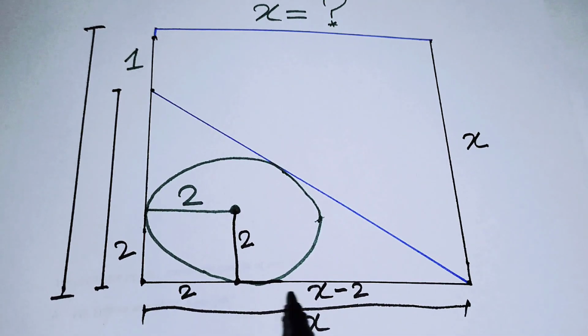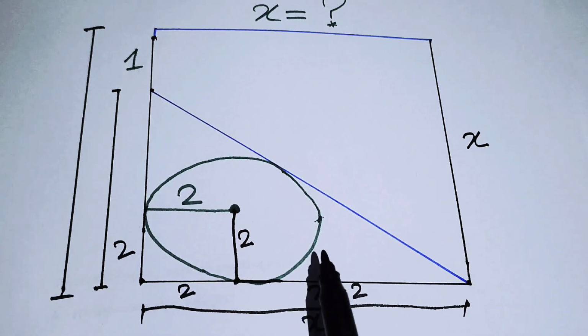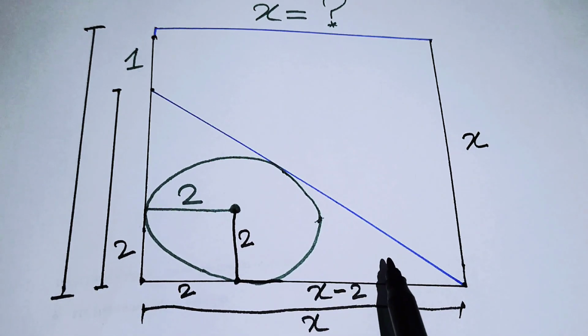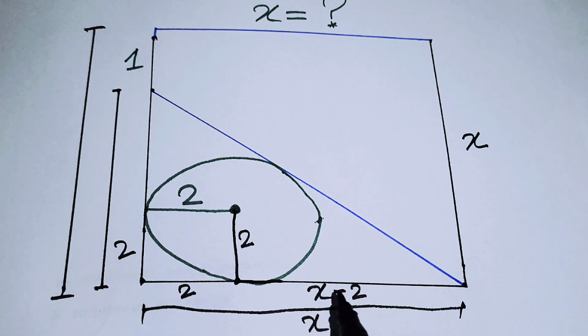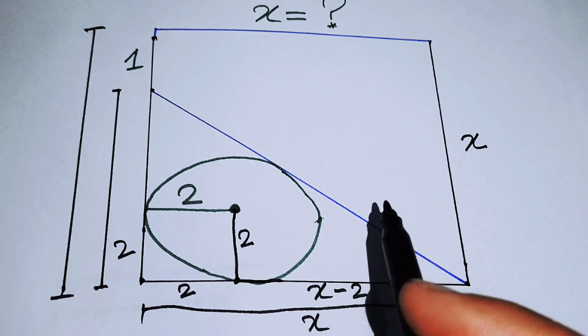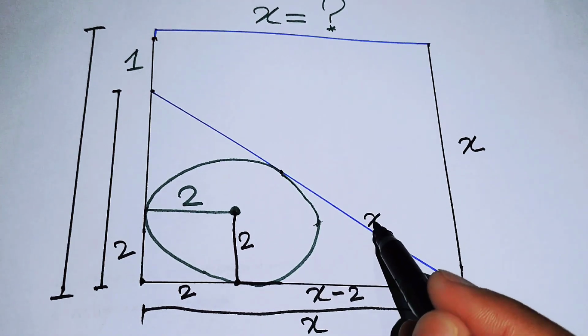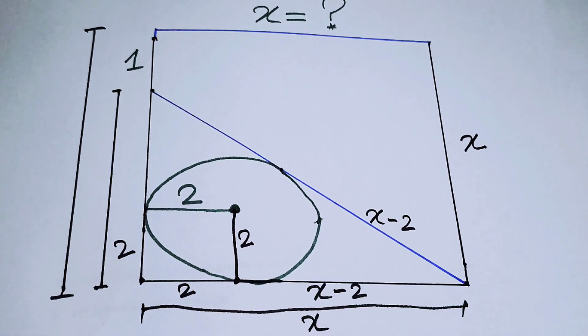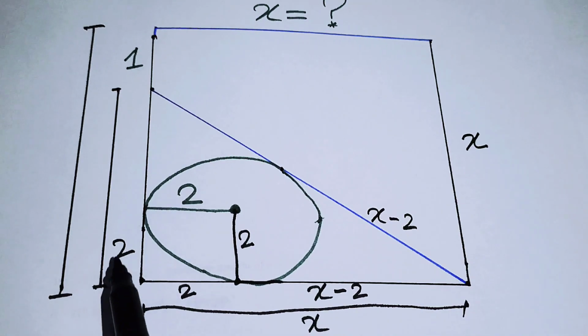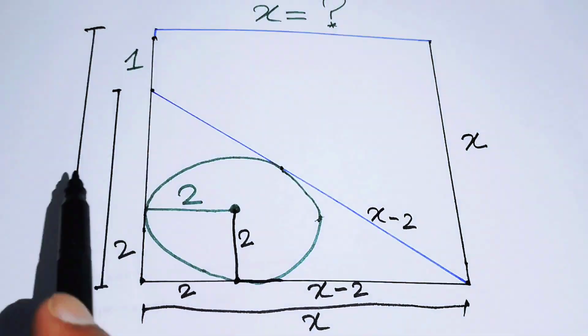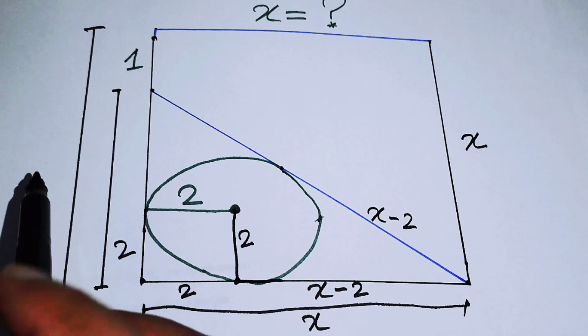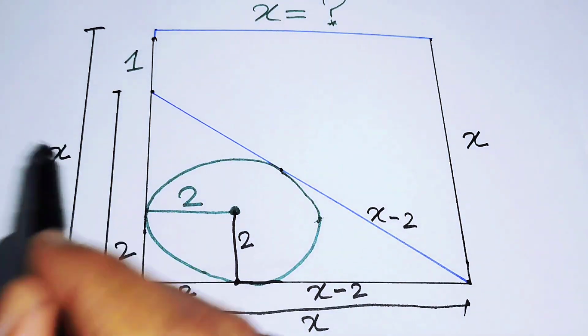So if the value of this part is x minus 2, then according to this law these two tangents are congruent, so the value of this part is also x minus 2.